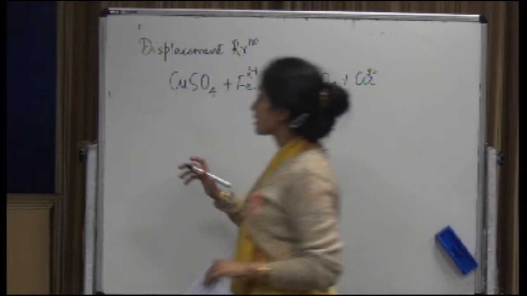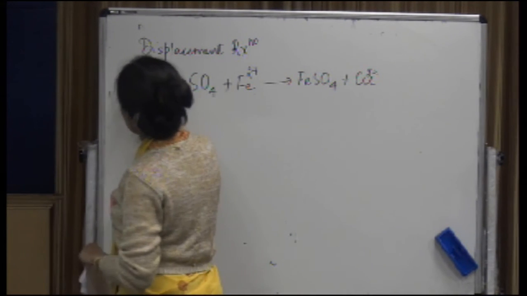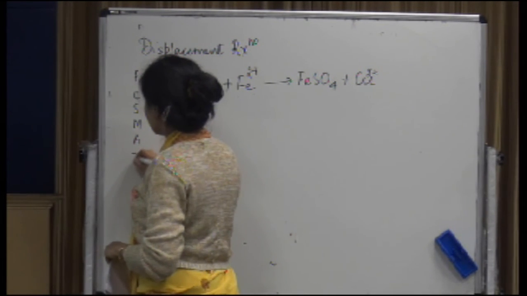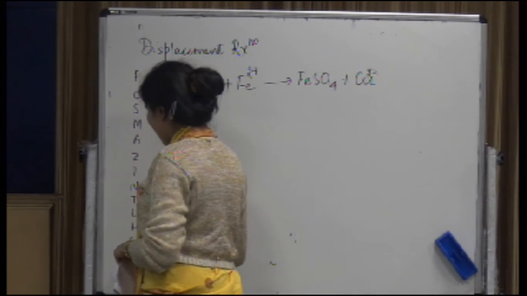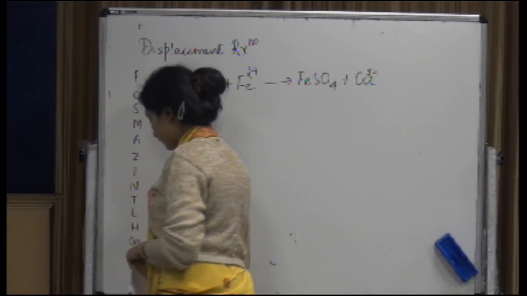And then in the displacement reactions, I did tell you the activity series. What was that? PCS, magenta, and then you have hydrogen, copper, silver, gold, platinum.